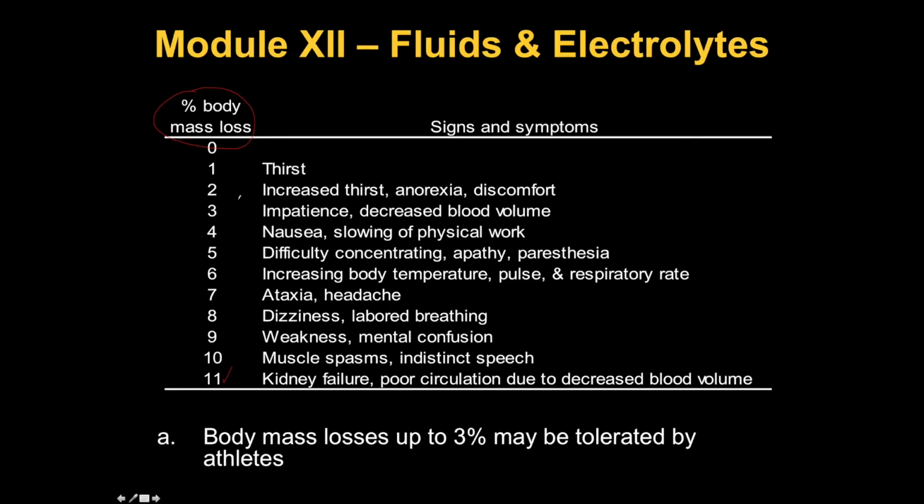For example, if someone has a 3% body mass loss because they lost 3% of their body mass in fluid, that could cause impatience and a decreased blood volume. So there are symptoms that we know you'll typically see with a certain amount of body loss. What's interesting is that athletes can actually be a little bit resilient to this, and they can tolerate up to about a 3% loss in body mass fluid and not experience too much discomfort.